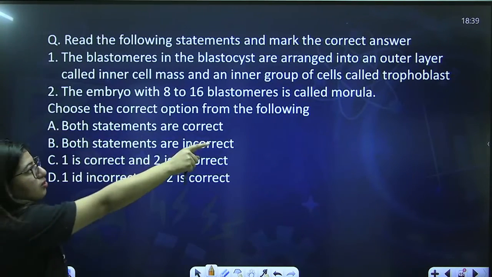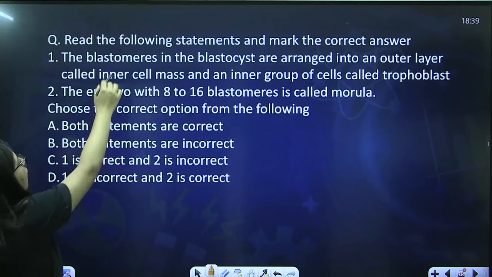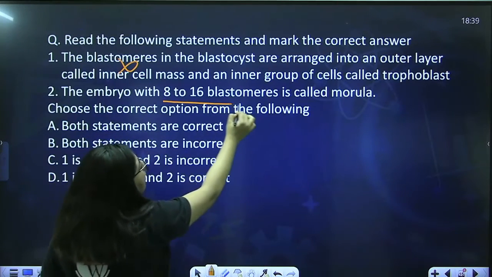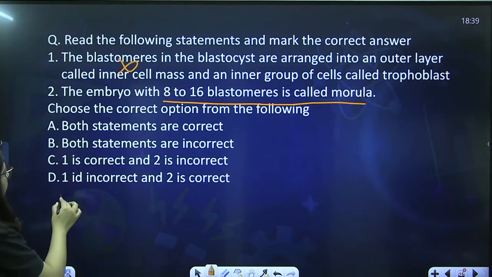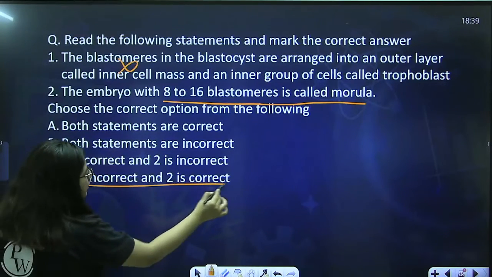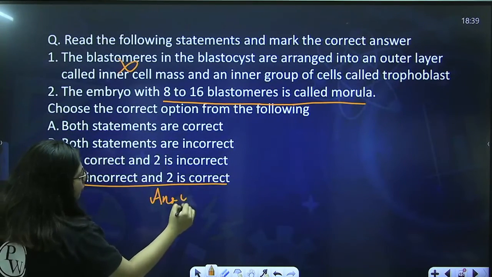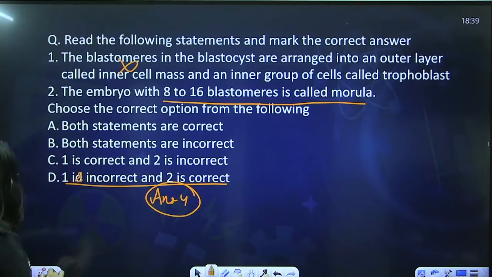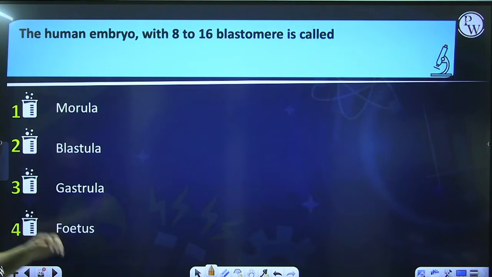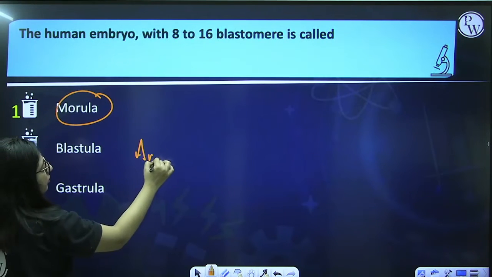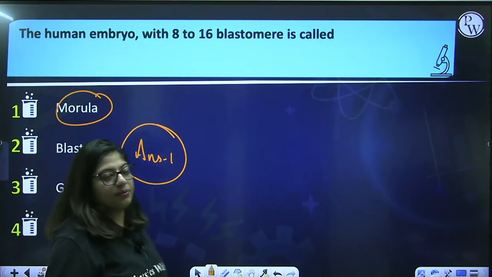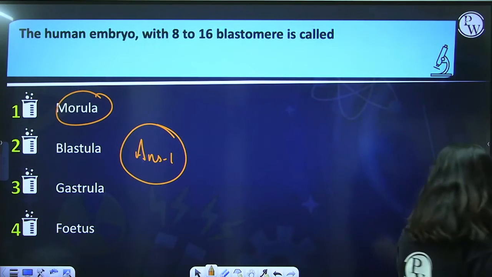No, the outer is trophoblast and the inner is inner cell mass. This is wrong. An embryo with 8 to 16 blastomeres is definitely morula. So statement 1 is incorrect and 2 is correct. Answer is 4. Right? Next. The human embryo with 8 to 16 blastomeres, we have just done, is morula. Answer is 1. Okay. Next.